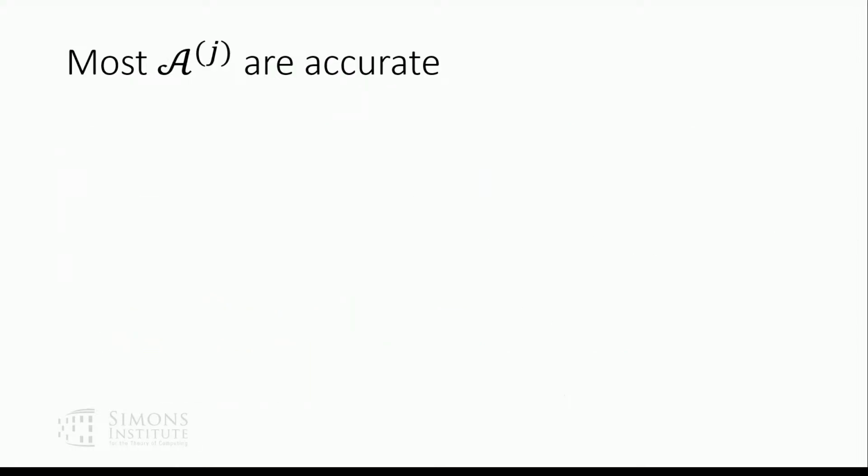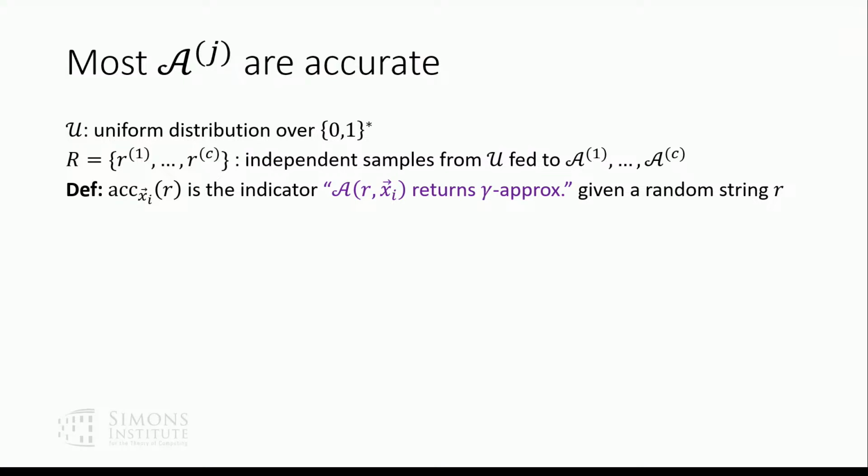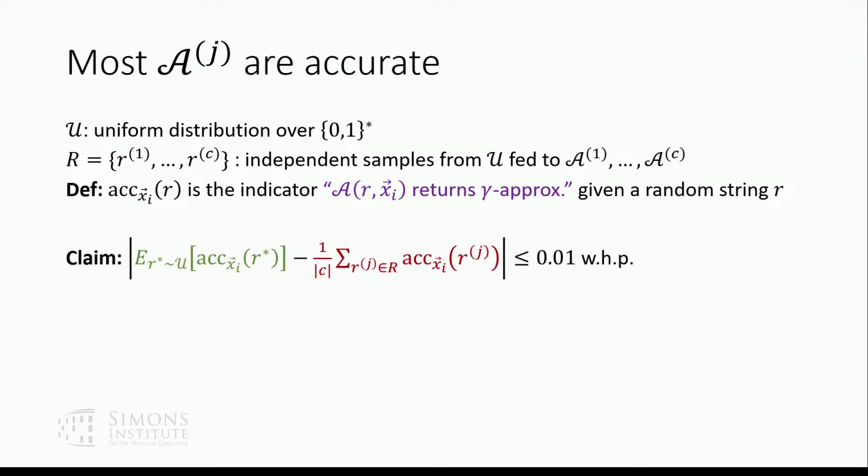Okay, last technical slide. So you have this collection of R here, and you have this definition. Now I claim that this thing that looks like an expectation and this thing that looks like an empirical average are close to each other. And why are we done if we have this? I will prove this claim in the next slide. But given this, why are we done?